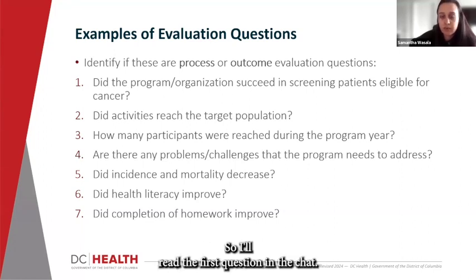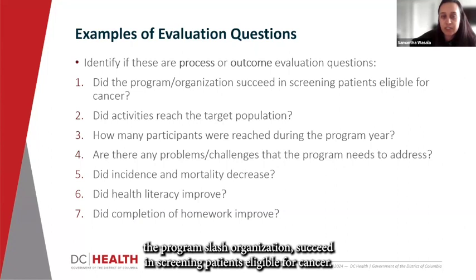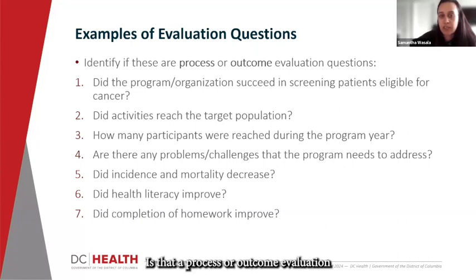So I'll read the first question, and in the chat, if you could put a P or an O. Did the program/organization succeed in screening patients eligible for cancer? Is that a process or outcome evaluation question?